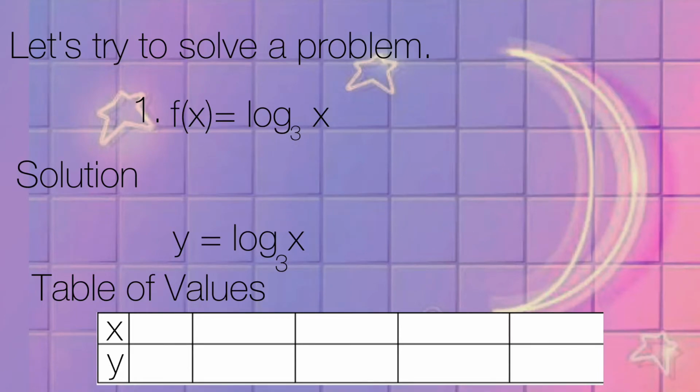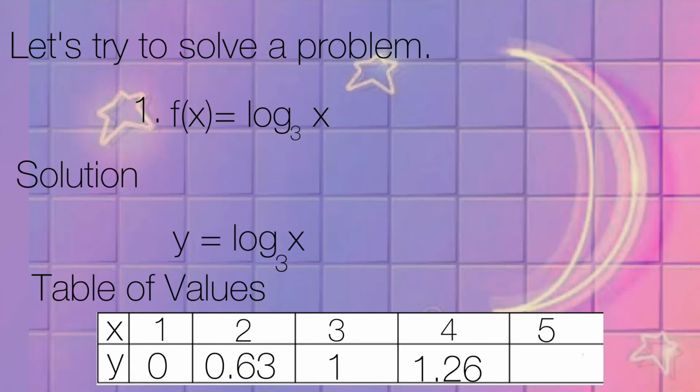So the values of x will be 1, 2, 3, 4, 5. For the values of y, using your calculator, substitute the x into the given function. So the values of y will be 0, 0.63, 1, 1.26, and 1.47.